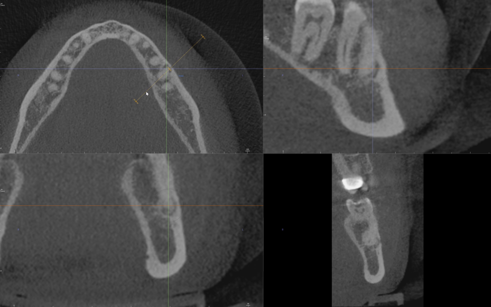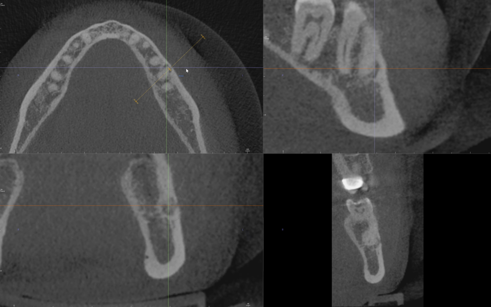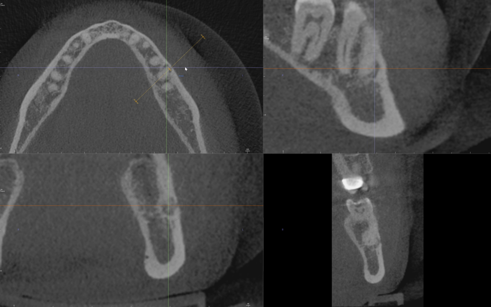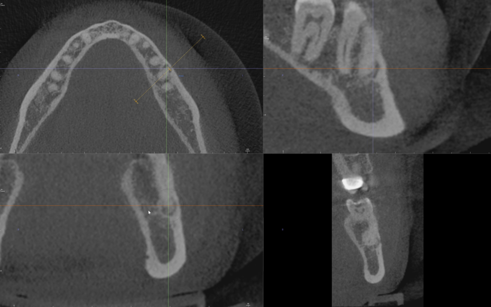And I may have to go back to the previous scan, but it looks like there may be even more thinning of the adjacent buccal cortex. Clearly from this coronal view, we can see the mixed density nature of this lesion, which was entirely radiolucent just a year and a half ago. And we're seeing that sclerotic border.